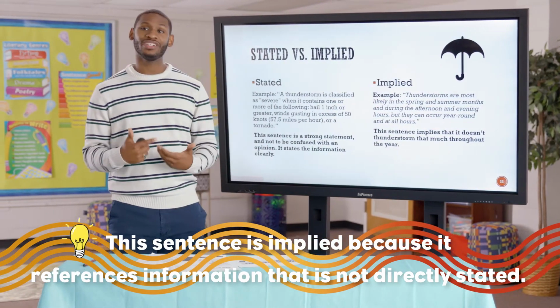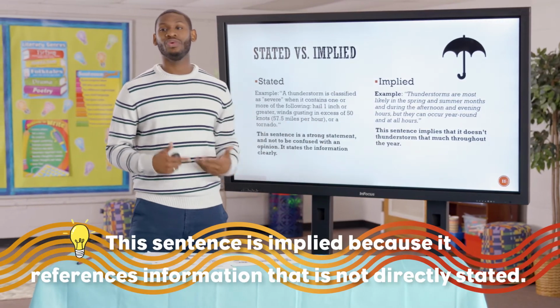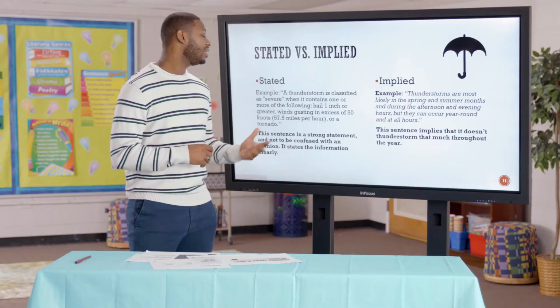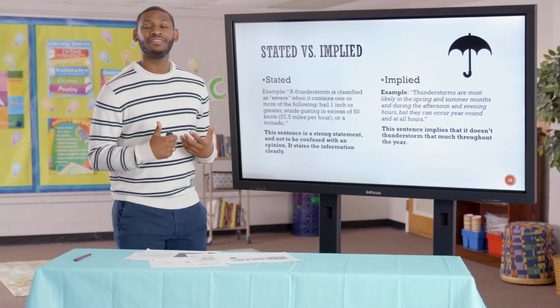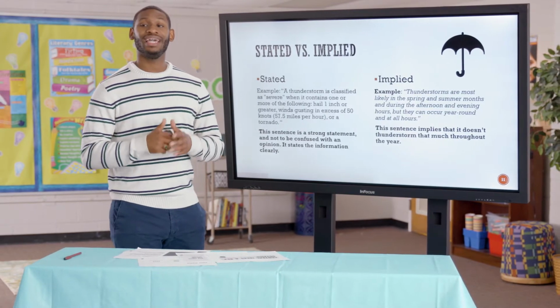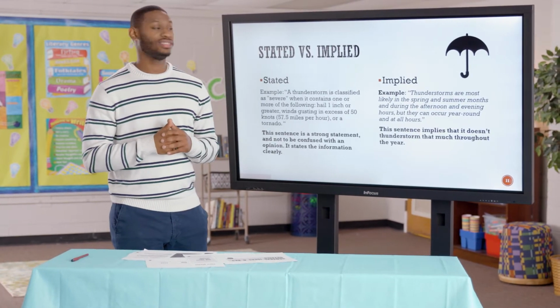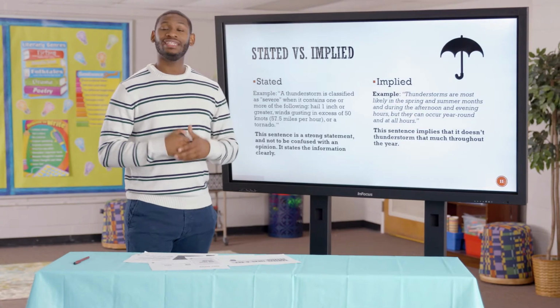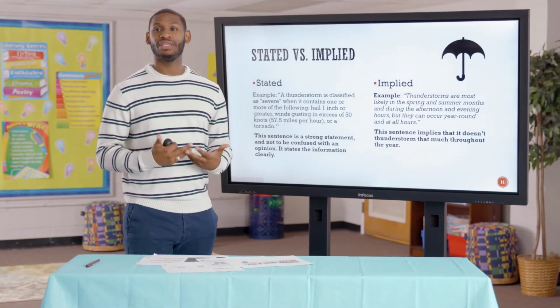So we can still understand what the author is trying to say without them having to actually say it. Looking back at these two words in comparison with each other, stated is something that is straight from the text and is directly quoted. Implied is more about the language. You have to read between the lines because the author probably isn't going to say it exactly the way you want him to.